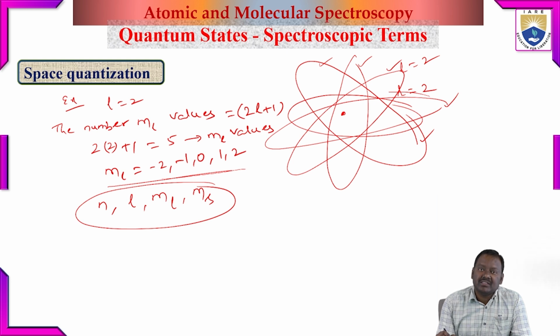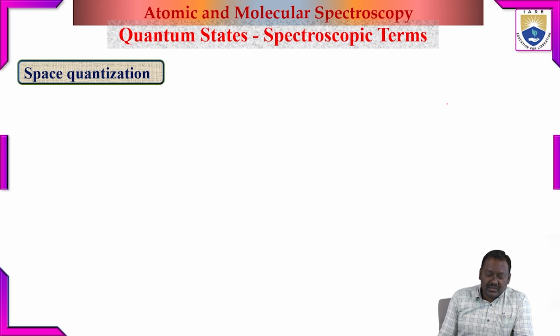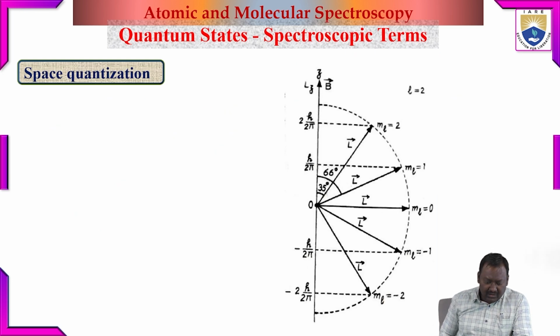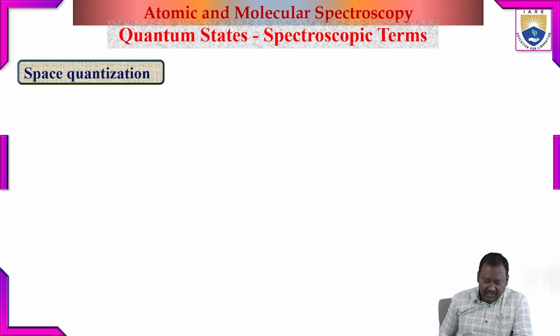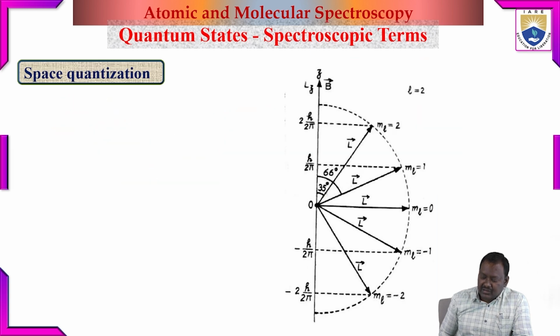The main aspect of the vector atom model is the spinning of the electron. We will consider the spinning of the electron later.